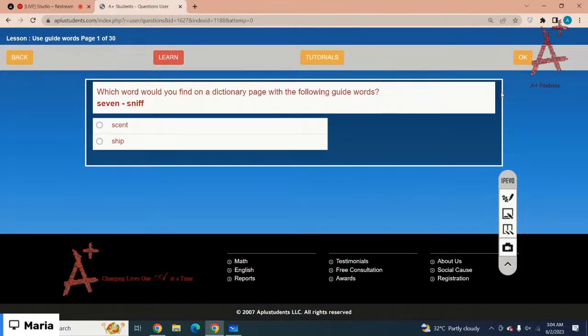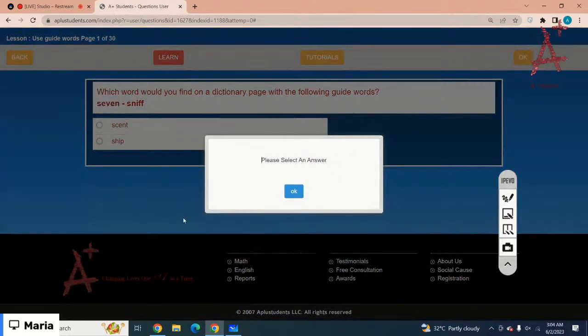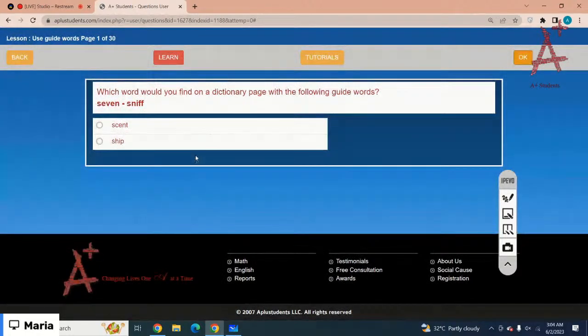Seven and sniff means all the words that start with S and have the second letter between E and N. The words that have the first letter S and their second letter in between E and N are on the same page. Got it?